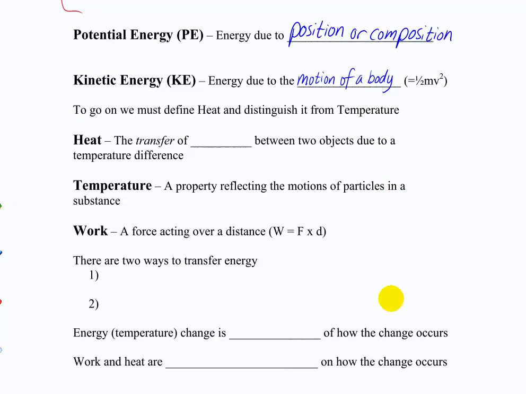All right, and then we'll talk about heat versus temperature. We've talked about temperature already in terms of gases, but in all substances you can kind of imagine where that's going. It's the motion of the particles. It reflects the motion, so it has to do with the kinetic energy in many cases of particles. Heat refers specifically to the transfer of energy due to a temperature difference.